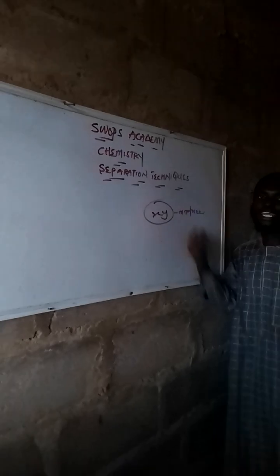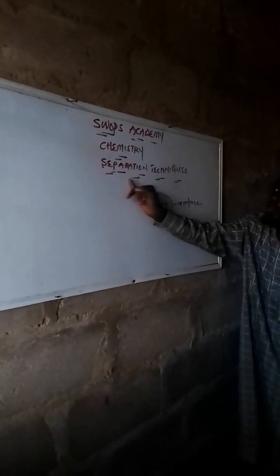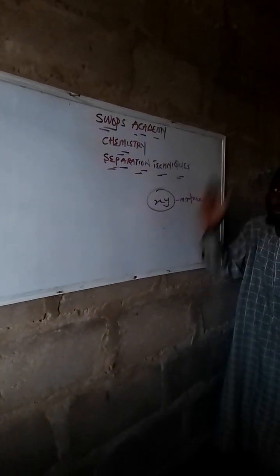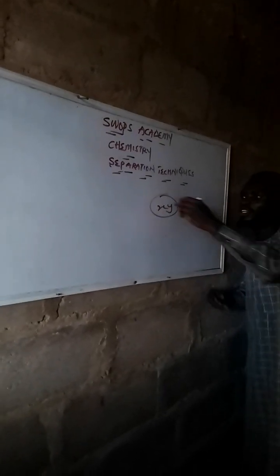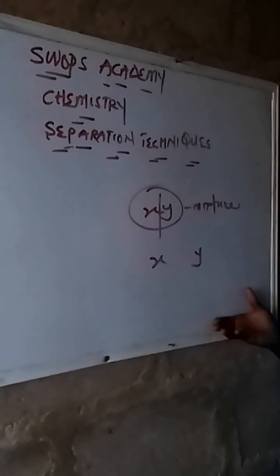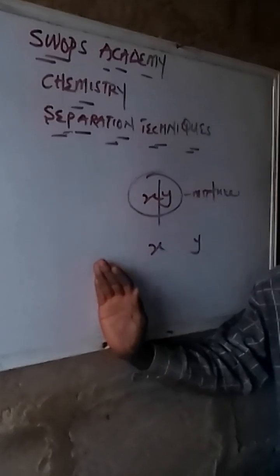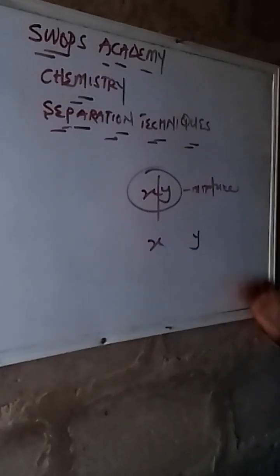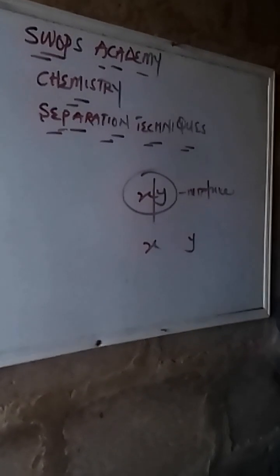The reason I'm using segregate and separate is that I don't want to use the same word the topic implies, so I'm using another synonymous word. Segregate, meaning divide, so we have x on its own and y on its own. What aspect of chemistry will tell us how to make x to be on its own and y to be on its own? Separation techniques. Now let's jot it down.